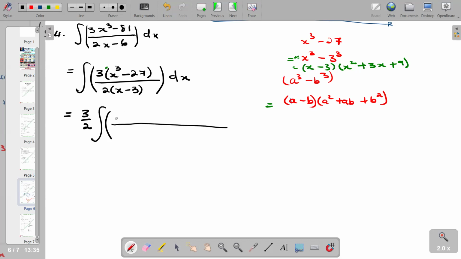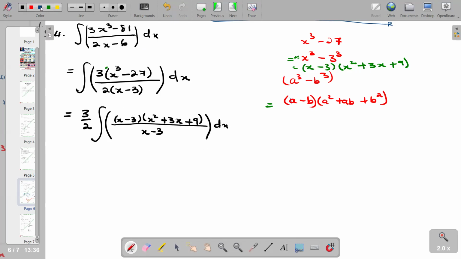So it's going to be x minus 3, then we have x squared plus 3x plus 9 all over x minus 3. The 3 there has been taken out already. So when you simplify that, don't forget the dx.